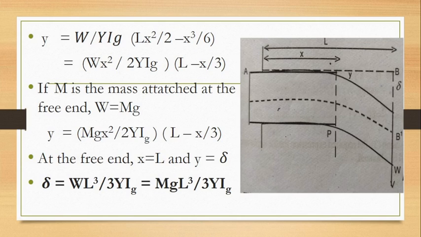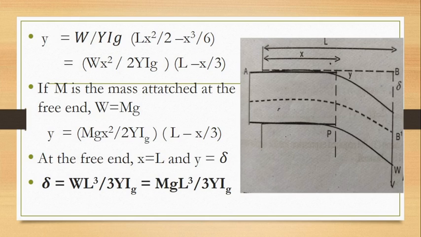You can see y as the deviation from the straight line to the bend position. So at the free end, y will become delta, where delta represents the depression. So at the free end, we can substitute x as capital L and y as delta.